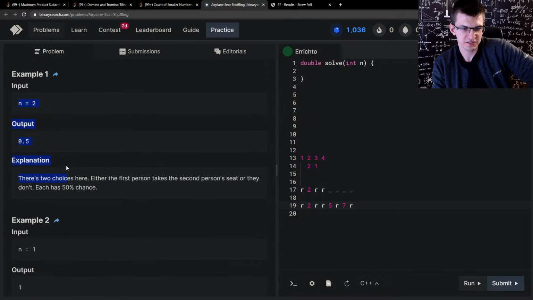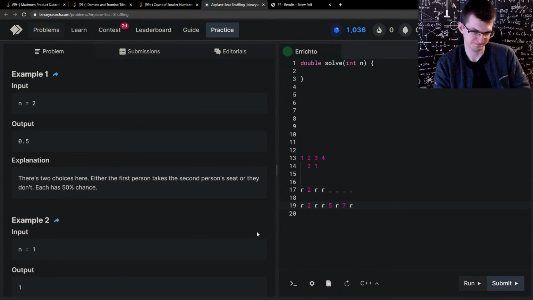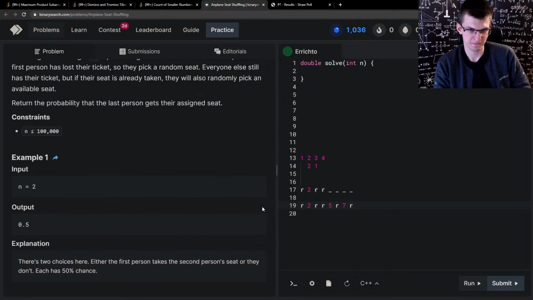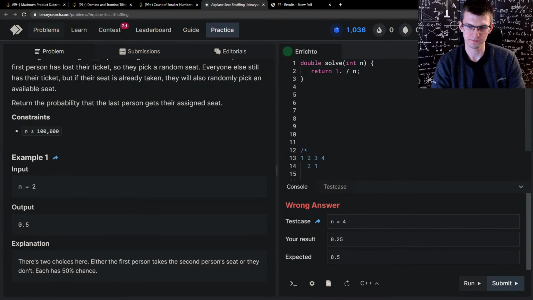When there are such small tests, very often the answer is very simple, like 1 over n. Actually, without thinking more, let's try it. I have no idea why this would be true, but that's just a guess. No. Expected half, okay.